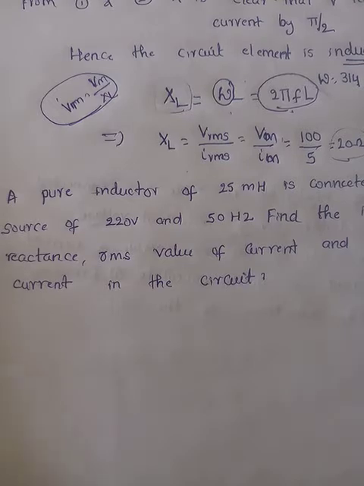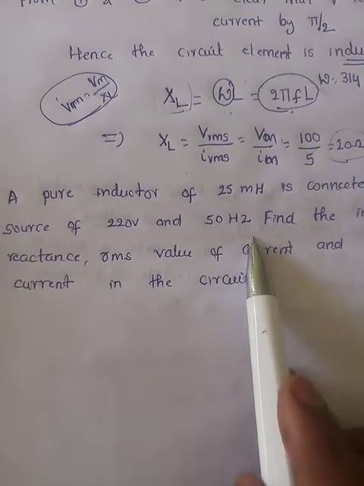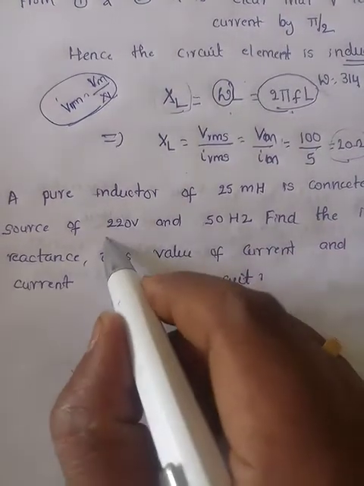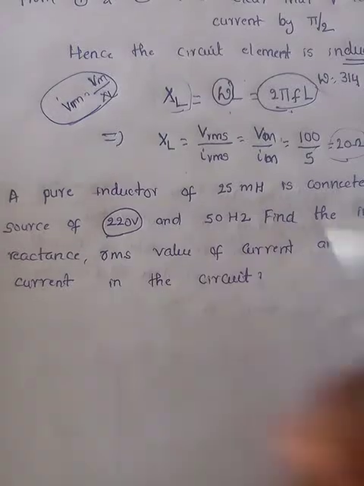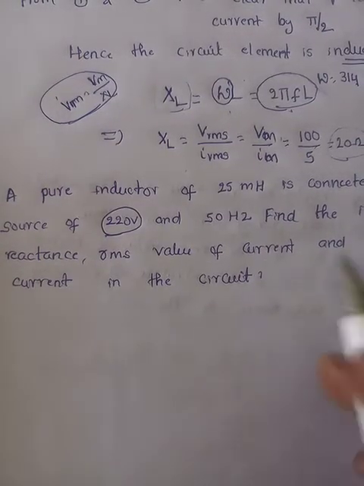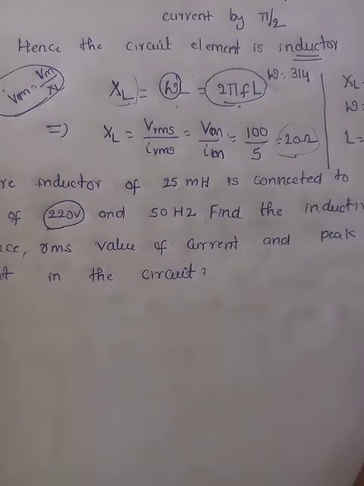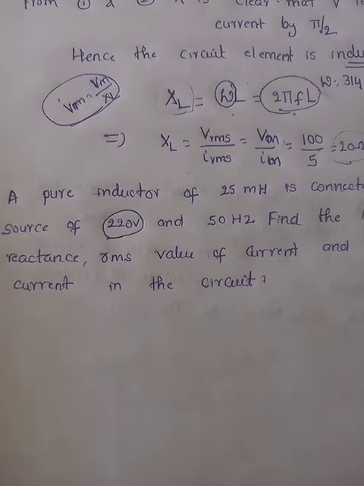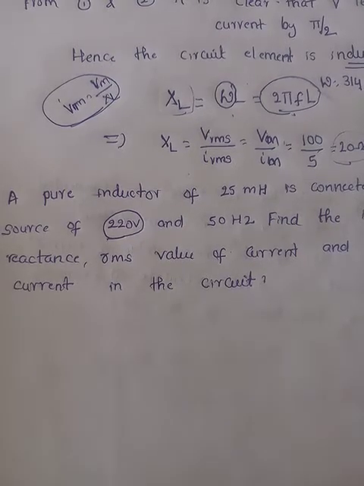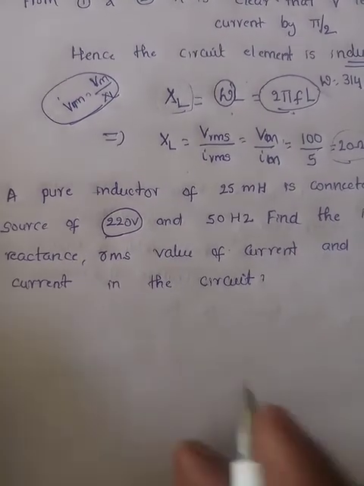A pure inductor of 25 millihenry is connected to a source of 220 volts and 50 hertz. When we say connected to a source, this value is always Vrms, and the frequency is 50 hertz. Find the inductive reactance, RMS value of current and peak value of current in the circuit. What is given? Inductance of 25 millihenry, applied voltage Vrms equals 220 volts, and frequency 50 hertz.